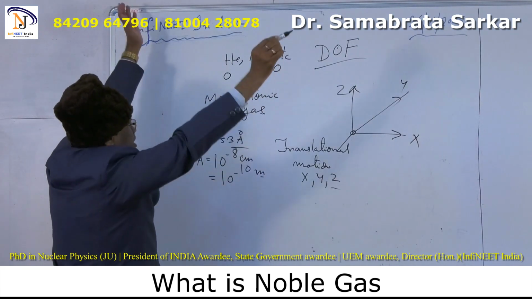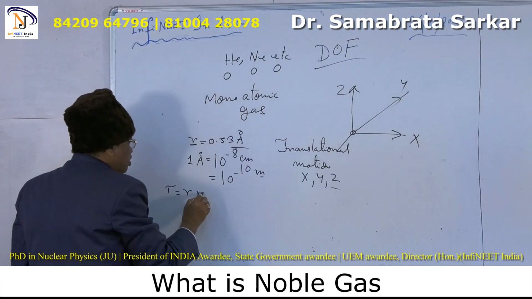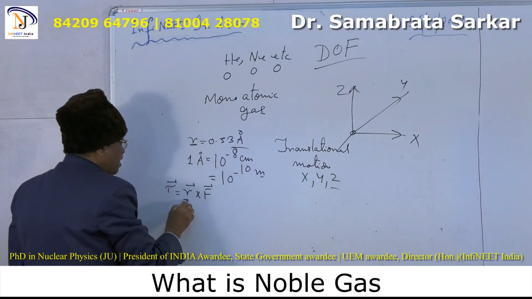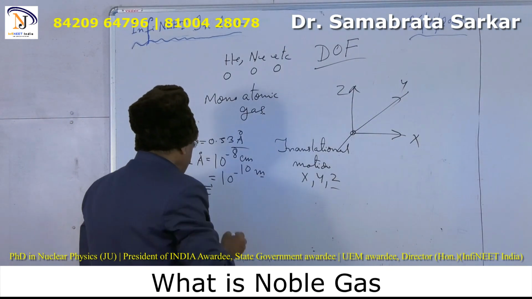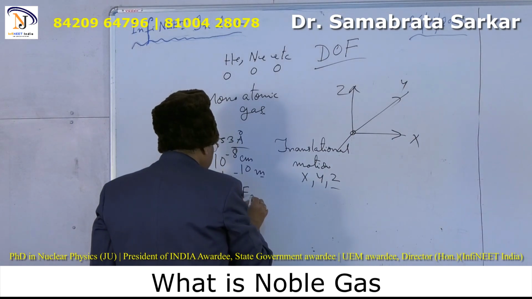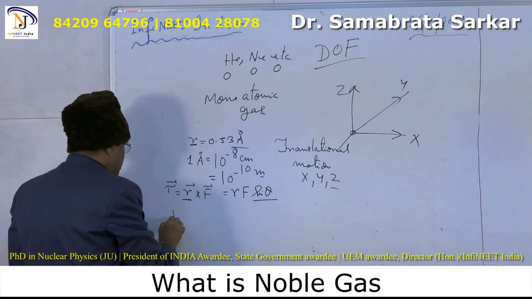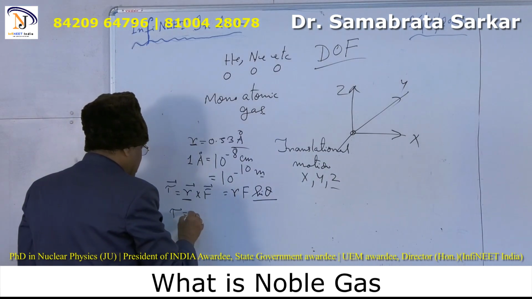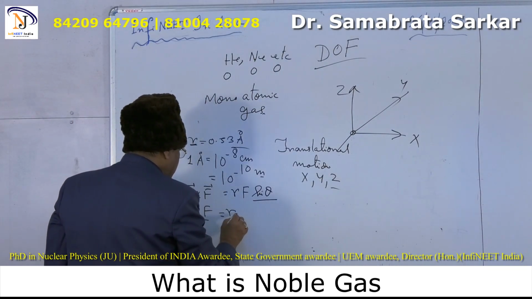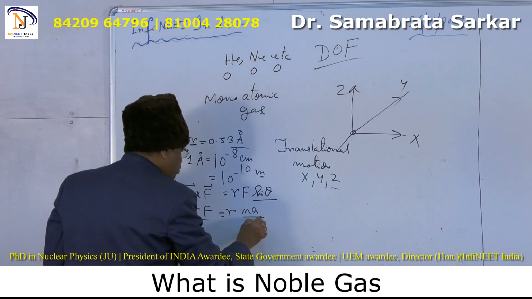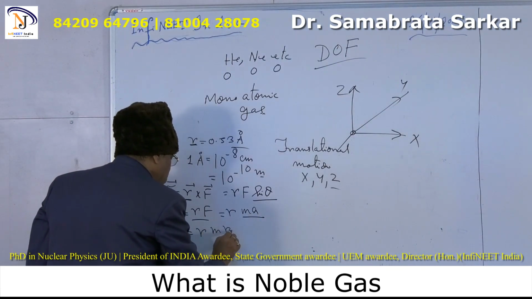Clear? Then what you can do? You are viewing here tau equals to r cross F. If you write R F sin theta, or if the angle is 90 degree, then you can write R F. F means m into a, force equals to mass into acceleration, and here a equals to r into alpha.